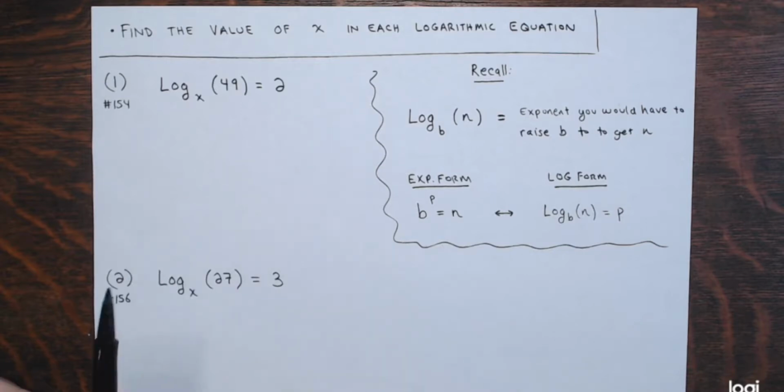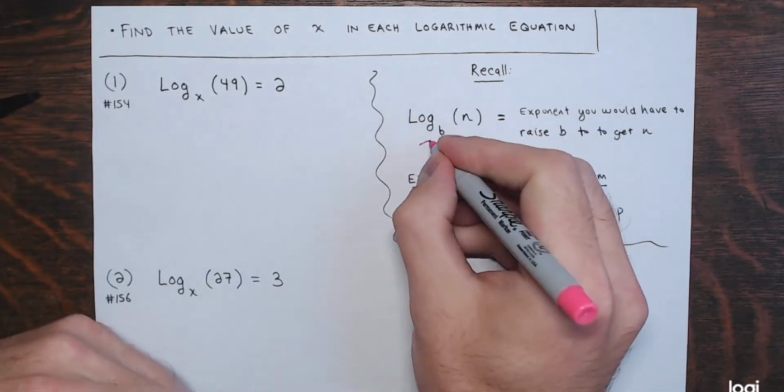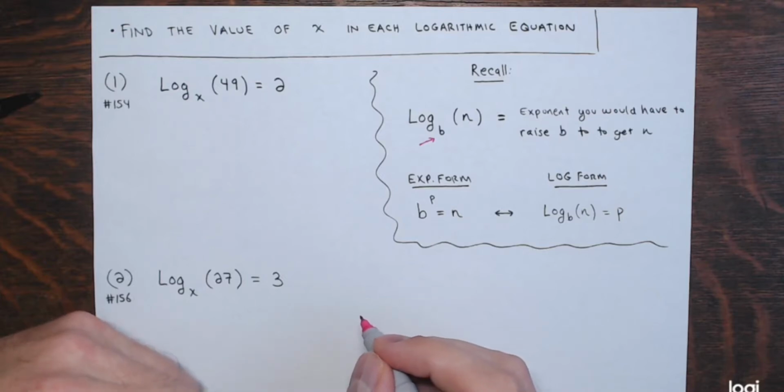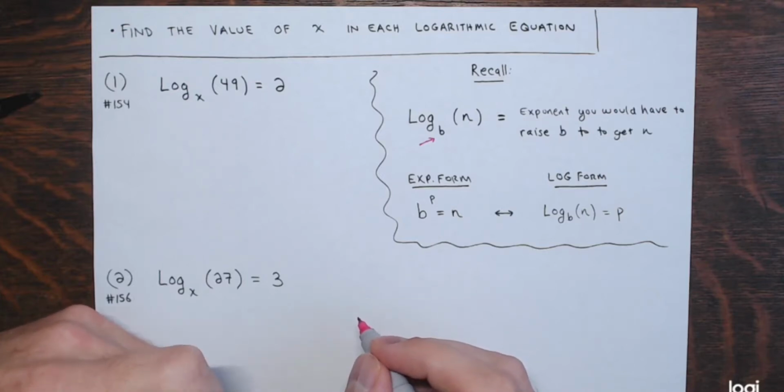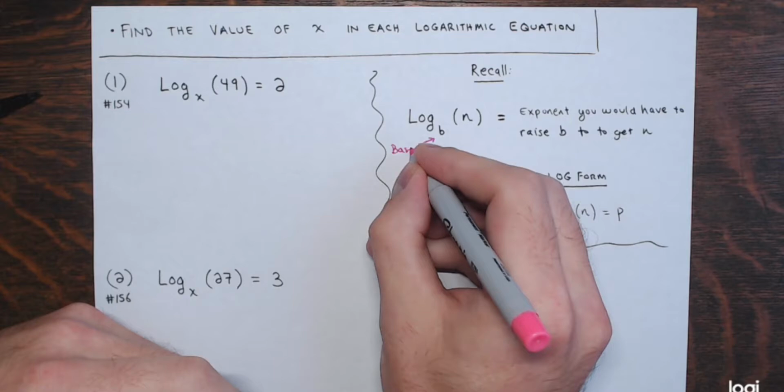Oh, and one other thing. When we're dealing with logarithms, the base must be a positive number, because some wacky stuff happens in functions where bases are negative. So that's also something we need to keep in mind.